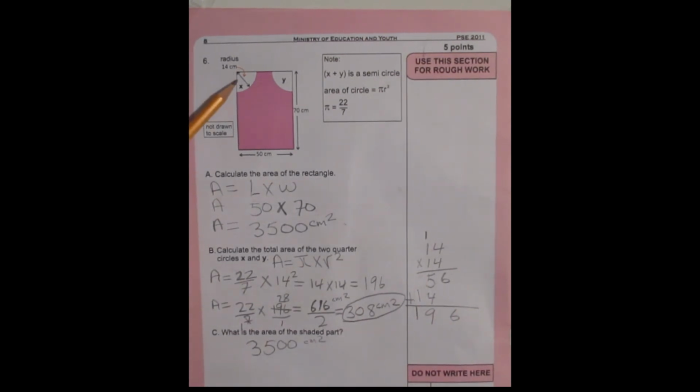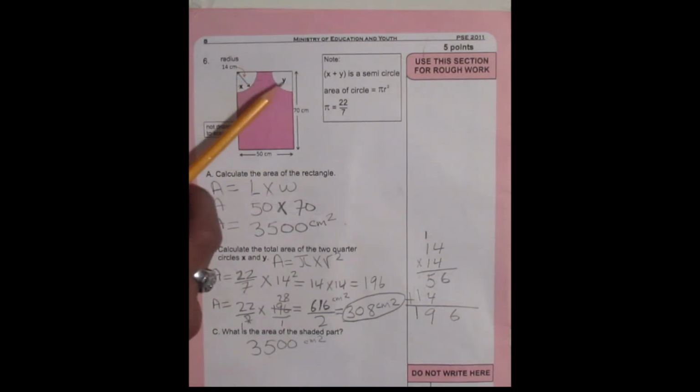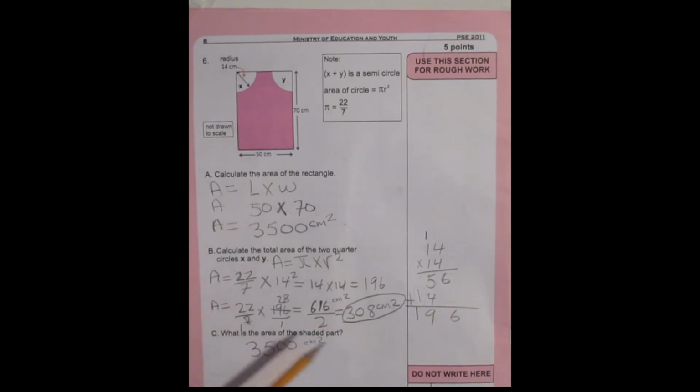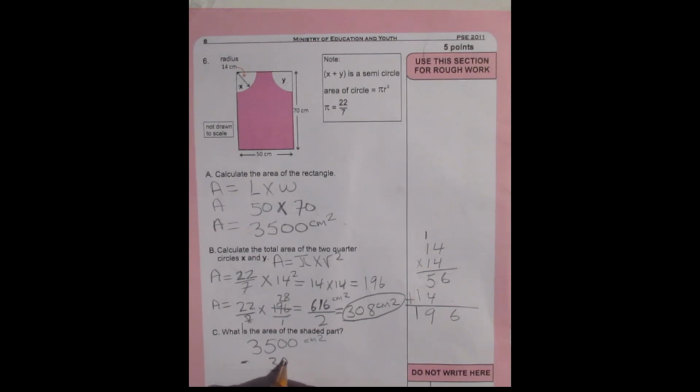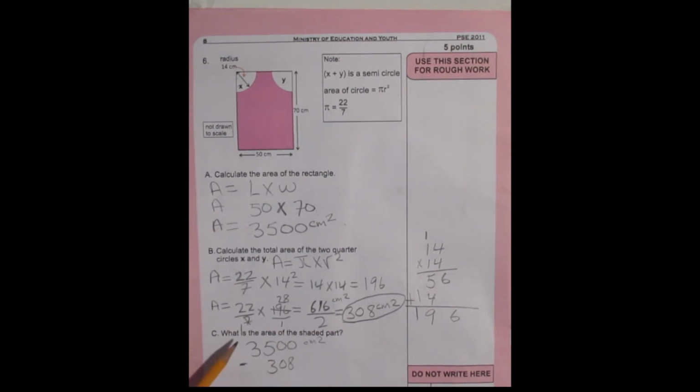And when we found the part that was not shaded, which is X and Y, which is 2/4 of a circle, which gives us half of a circle, which is a semicircle, we got our answer as 308. So we want to minus that 308. Why? Because the problem says, what is the area of the shaded part only? So all of this is shaded, but our semicircle, which is 2/4 of a circle, is not shaded. And that is the reason why we have to minus that to find the shaded part. Semicircle, remember, it's not shaded. So we need to minus.